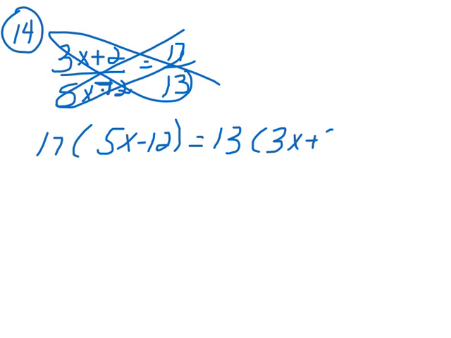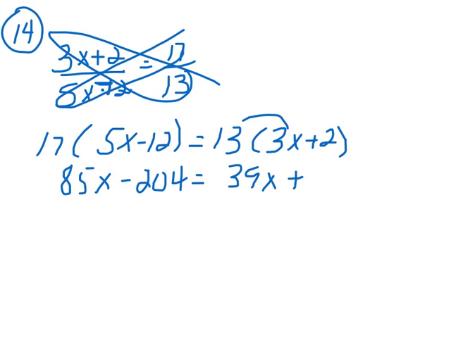I do have to remember to use parentheses or I'm not going to get the correct answer here. So 17 times 5x would be 85x minus 17 times 12, that's 204. It's equal to 13 times 3x, that's 39x, plus 13 times 2 is 26. Let me move my x's to the left side.